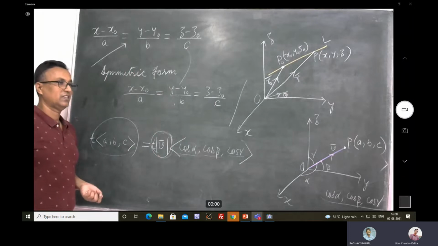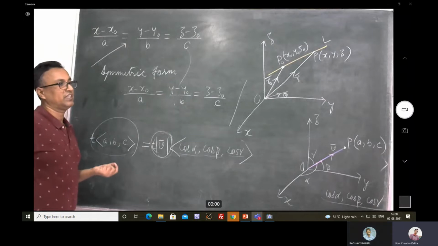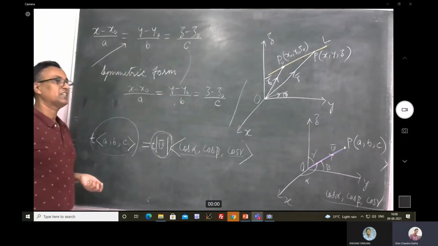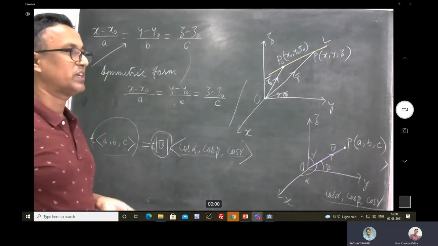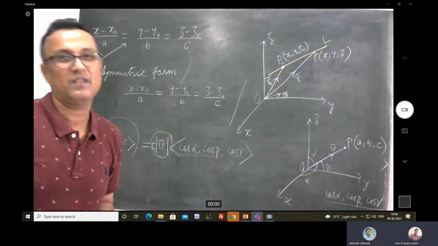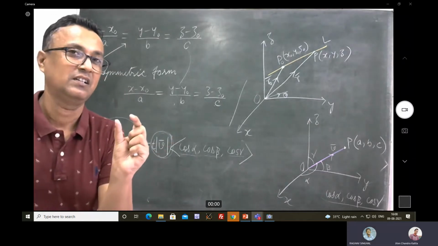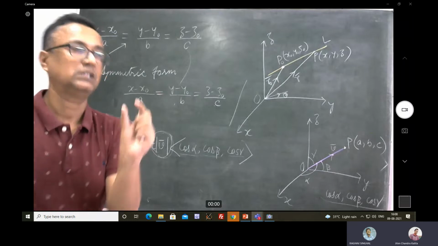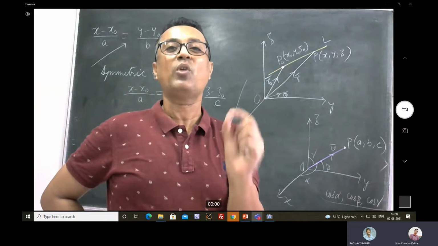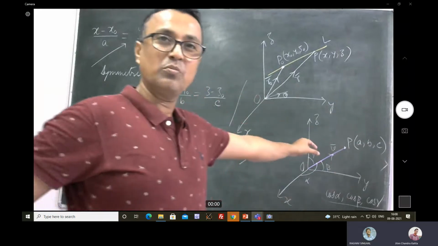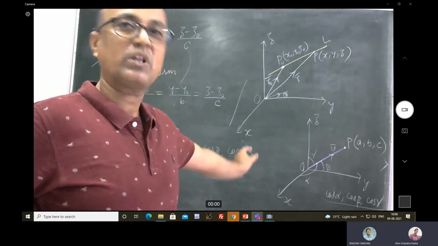Basically, two parallel straight lines passing through the same point are the same straight line. The only thing is that in terms of the vector equation, we simply take the parameter t and consider the variable point p. That's it. So I'm going to do another equation over there. What I'm trying to tell will be more clear to you.